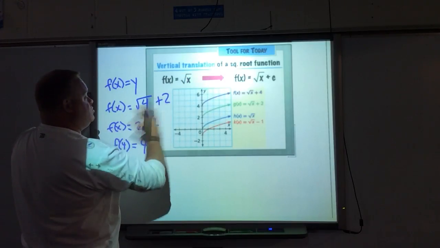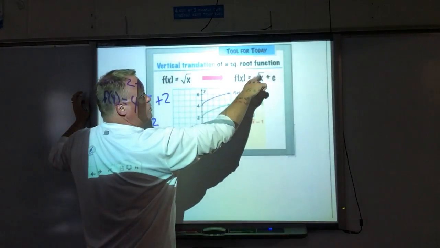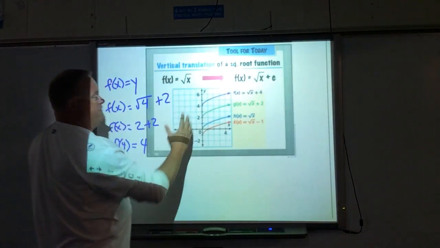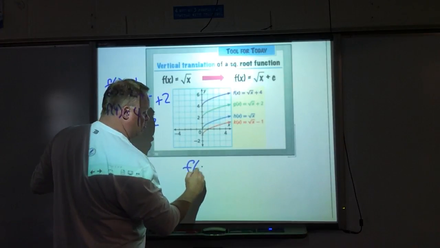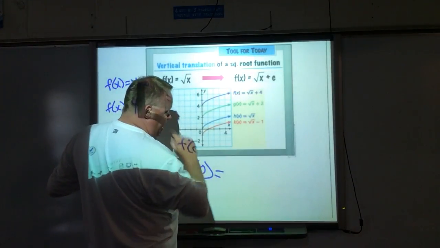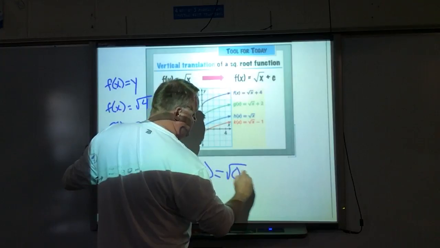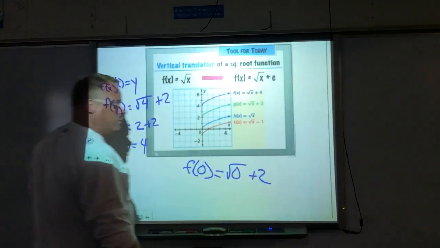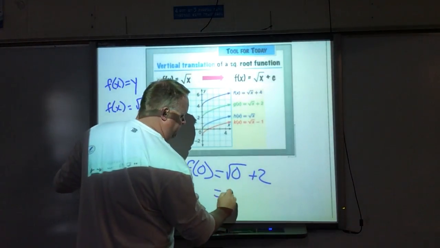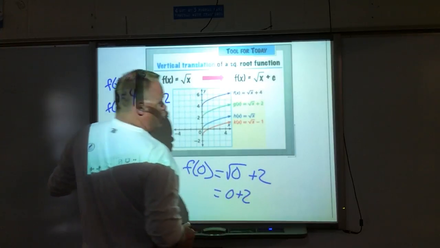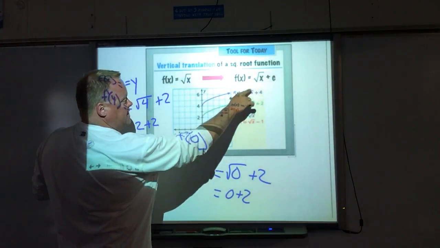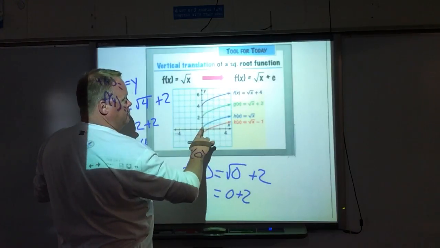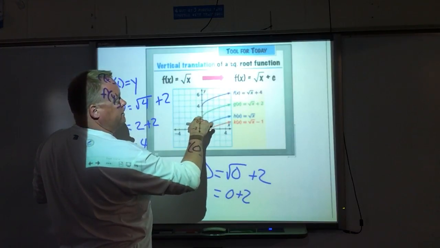Now, if I say square root of x plus c, and I started when x is 0, what is the square root of 0? Well, it's 0, right? 0 plus 2. What it's saying is that in my graph, if I plug a 0 in for this x right up here, I'm going to start 2 places up.